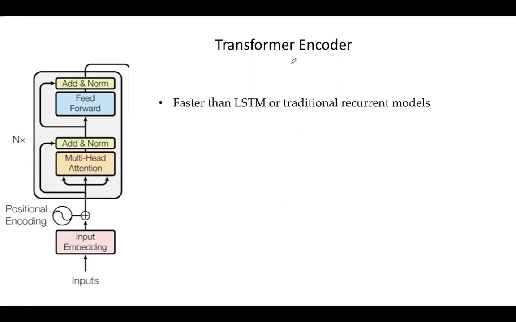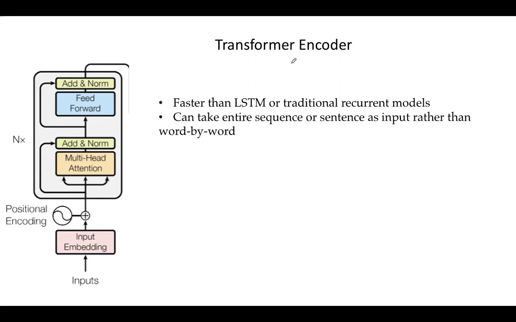It has been said that it is faster than LSTM, or the traditional recurrent neural network model that we are often familiar with. It can take the entire sequence or sentence as input, rather than passing the components of a sequence, for example, word by word.